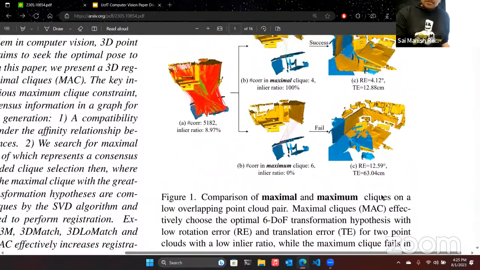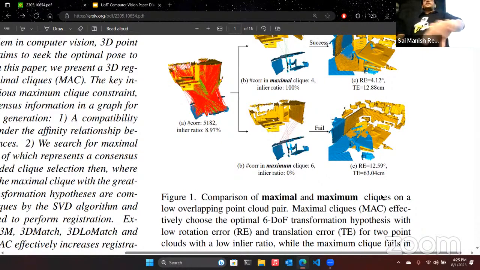But yeah, I think that has something to do with the selection techniques. When we talk about the selection technique, they use specific techniques which help in lowering the rotation error. And also by hypothesis generation, they use a 6 DOF transformation, of which 3 correspond to translation and 3 to rotation. So they kind of pay special attention to rotation.